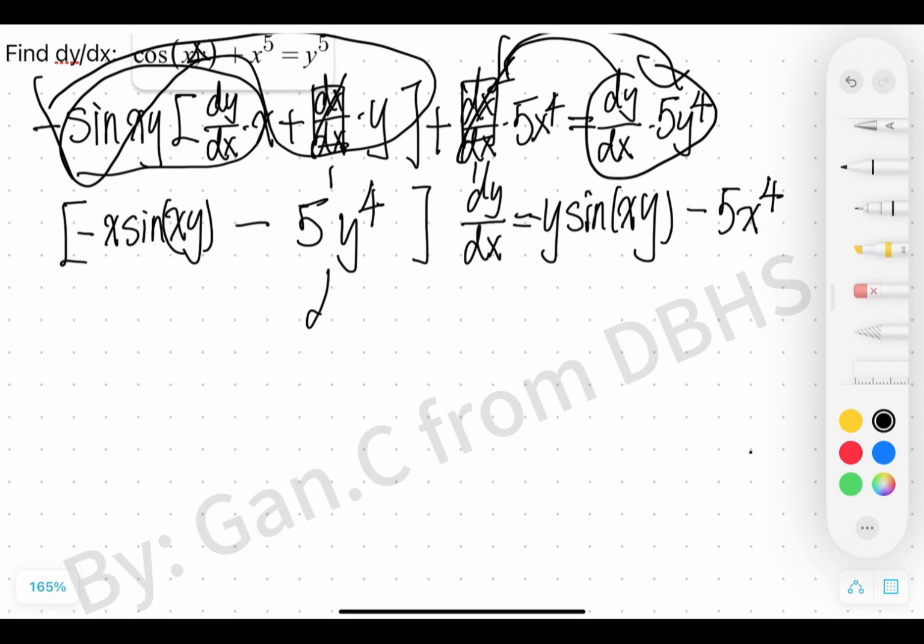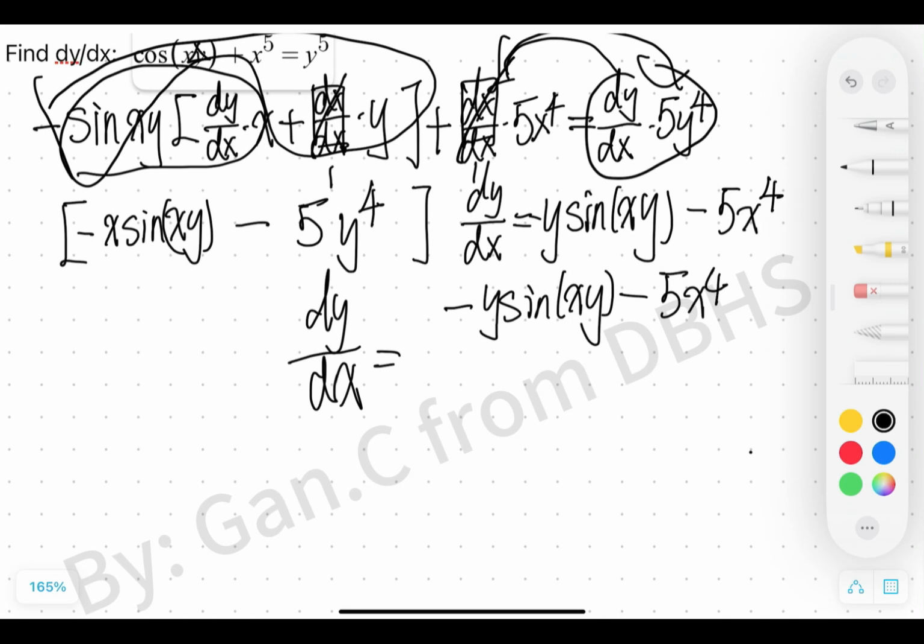So what's the value of dy over dx? It should be, let's just copy it again, negative y sine xy minus 5x to the 4th power over negative x sine xy minus 5y to the 4th power.